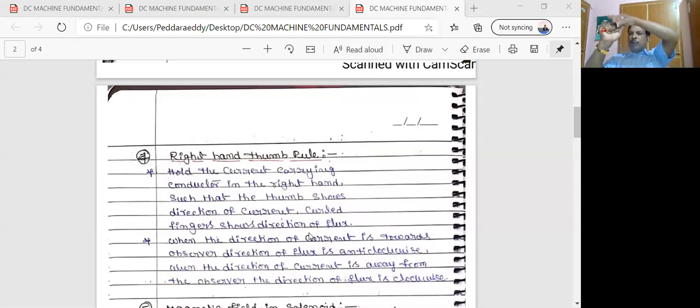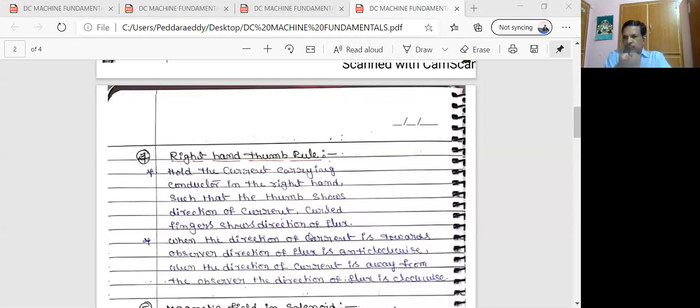The direction in which the fingers bend is the direction of the flux. Okay, so anti-clockwise. Next, when the direction of current is away from the observer, going outwards from me, the direction of curled fingers or the direction of flux is in clockwise direction.